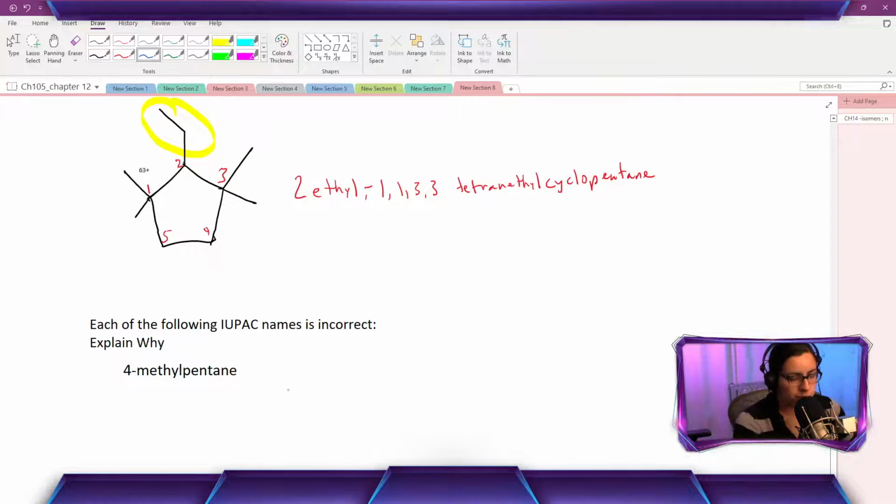You tell me what's wrong with it. And so 1, 2, 3, 4. And so what's the problem with that? What's the real name of this? Why doesn't 4-methylpentane work? How should I really have labeled the priority?